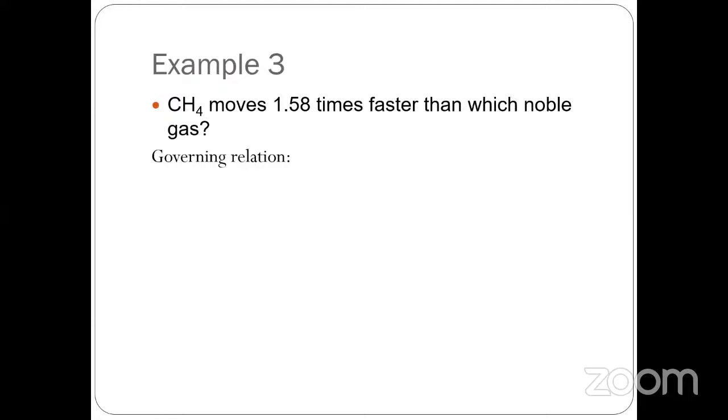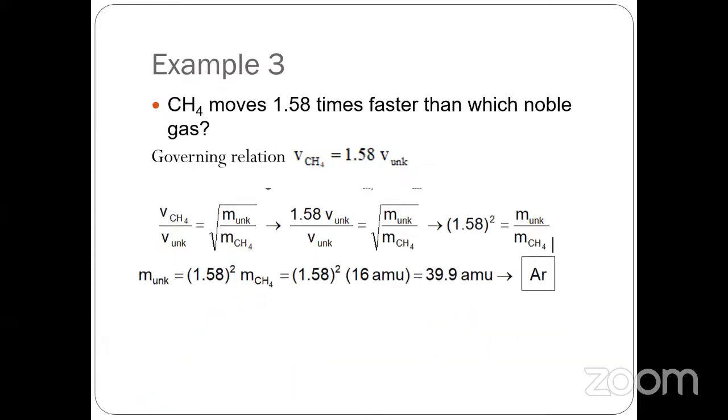In our usual way, I paused because I wanted you to attempt this. The velocity of the methane divided by the speed of the unknown will be equal to the square root of the molar mass of the unknown gas divided by the molar mass of the methane gas.